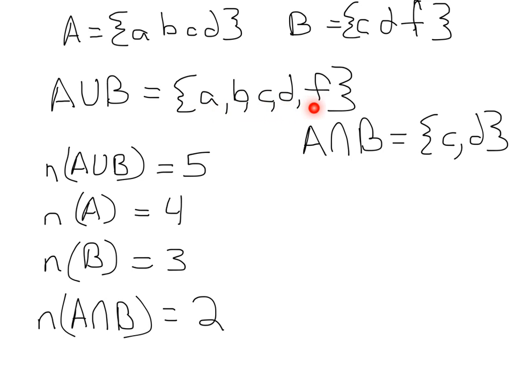Here we have these 5 objects, and they came from putting 4 and 3 together, where 2 of them overlapped. So the general rule, that the cardinality of A union B is the same as the cardinality of A plus the cardinality of B minus the cardinality of the intersection, does work in this example.